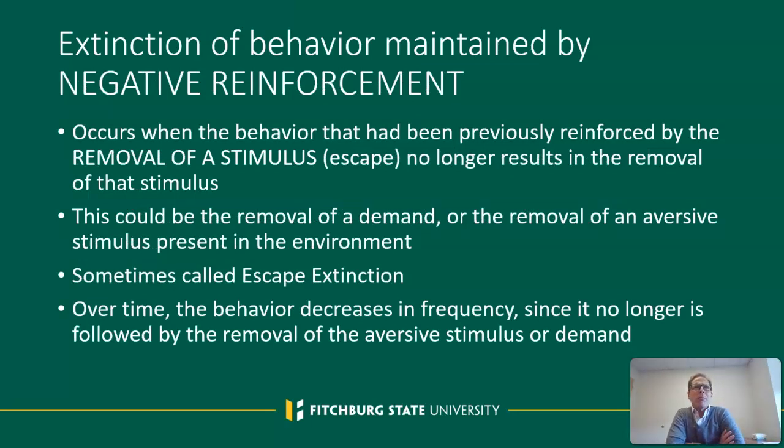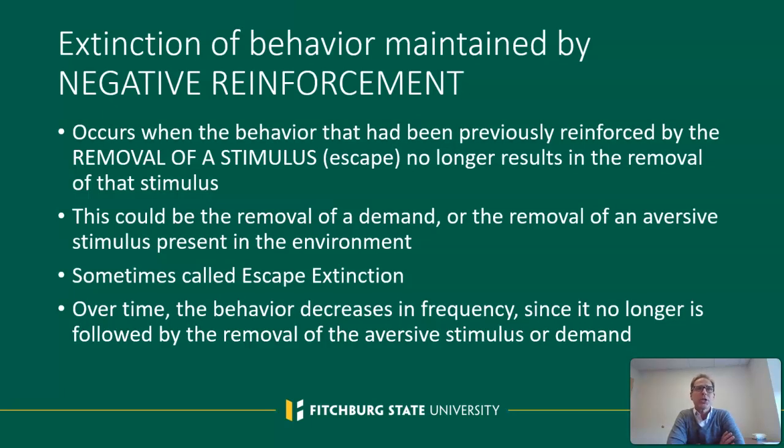Now, extinction of behavior maintained by negative reinforcement occurs when the behavior that had been previously reinforced by the removal of a stimulus or escape no longer results in the removal of that stimulus. And this could be the removal of a demand, or it could be the removal of an aversive stimulus that's present in the environment.